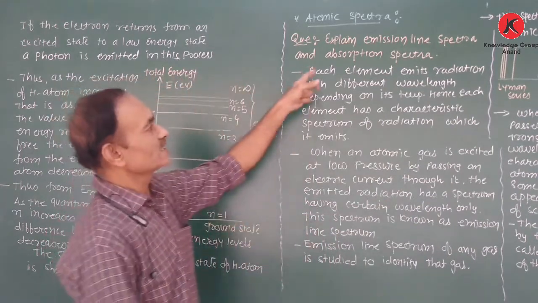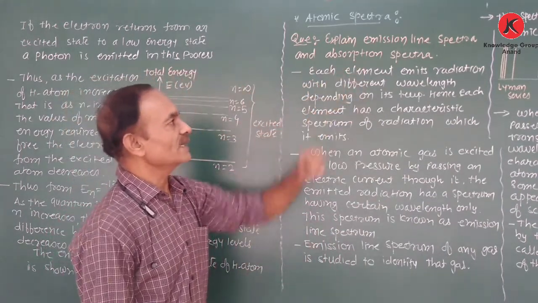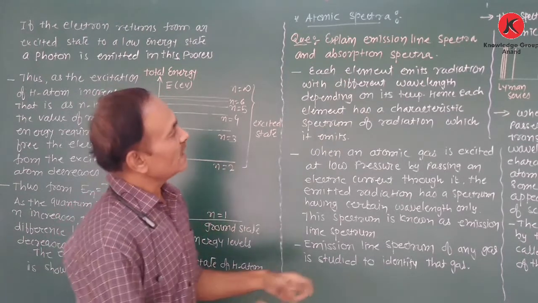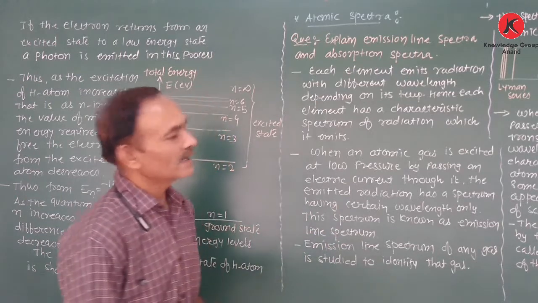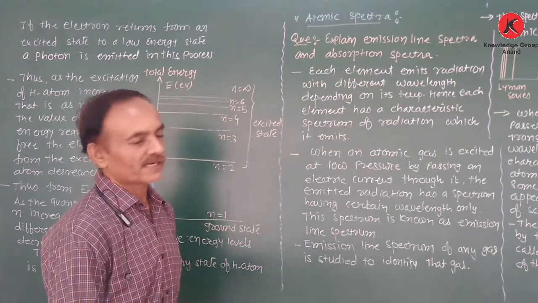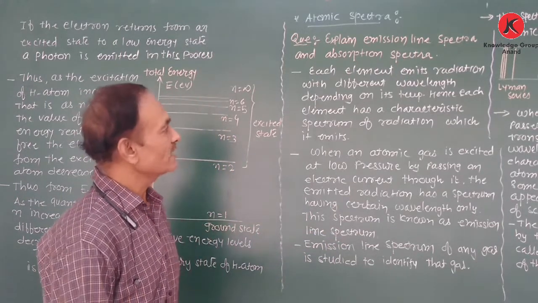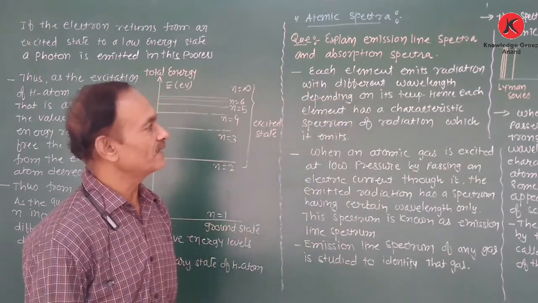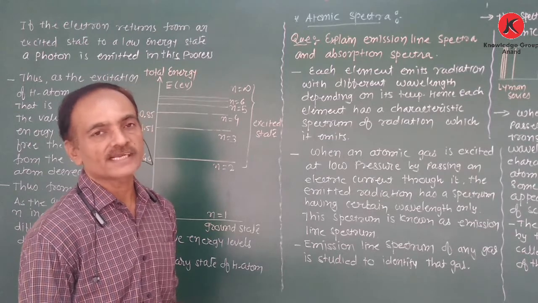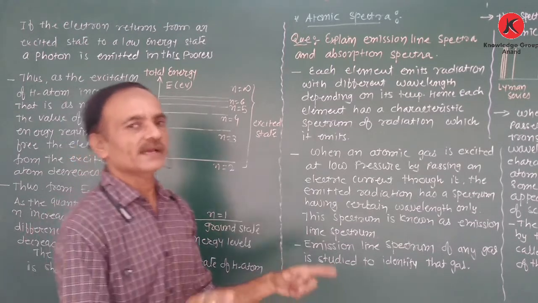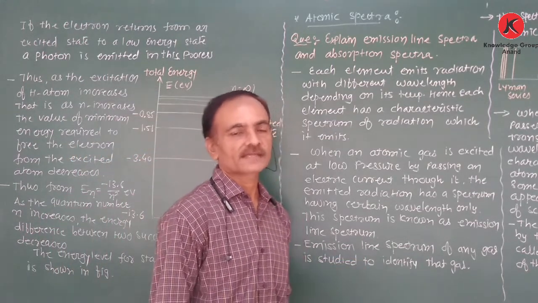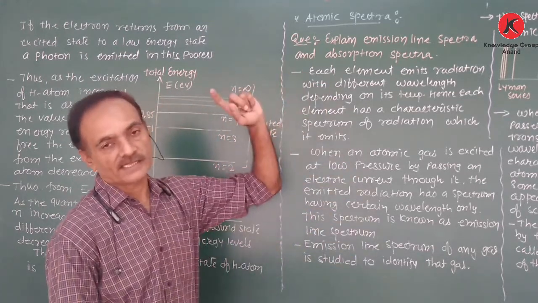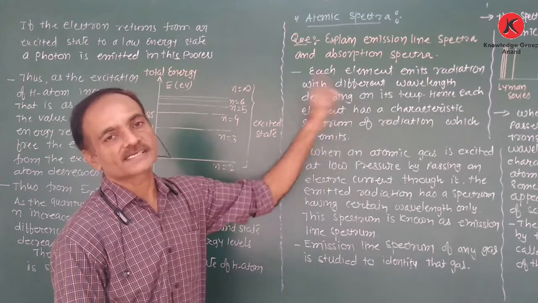There are two types of spectra: one is the emission line spectra and the second is the absorption spectra. So what are the emission line spectra and absorption spectra? Each element emits radiation with a different wavelength depending on its temperature. Each and every object or element emits radiation with a certain wavelength according to its temperature.